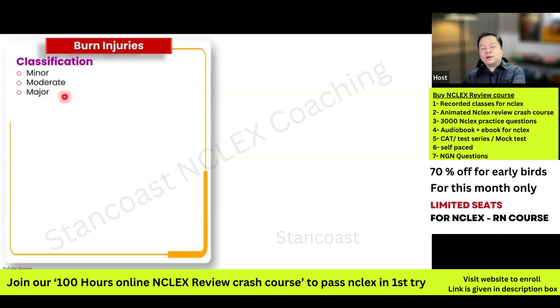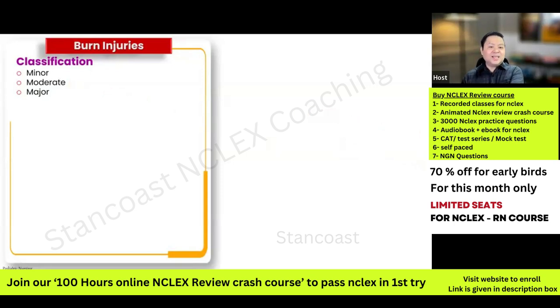However, when we encounter a patient with a major type of burn, this is going to involve those people that have third-degree burns that cover more than 1% of the total body surface area. Please take note, 1% of the TBSA, however, they have third-degree burns. Please take note of the percentages.